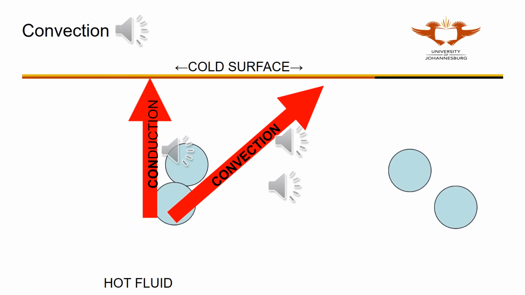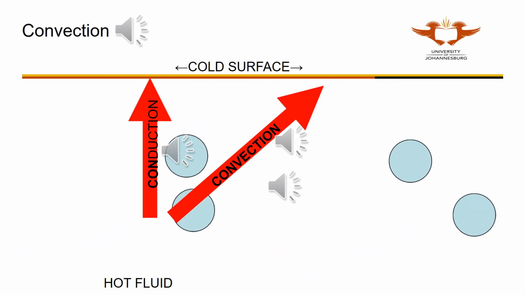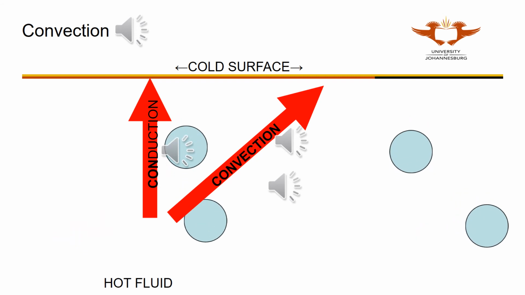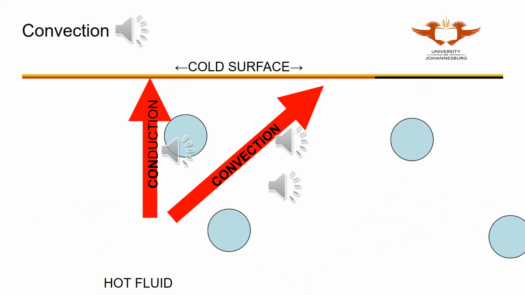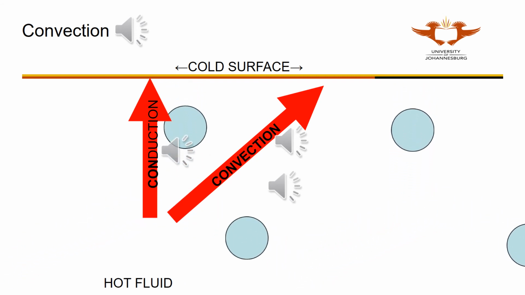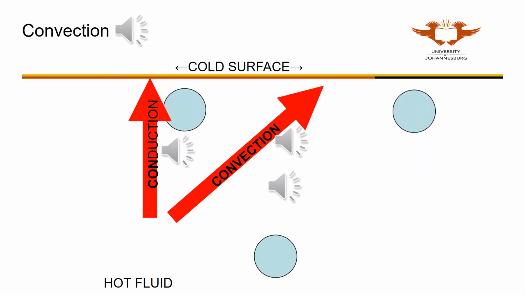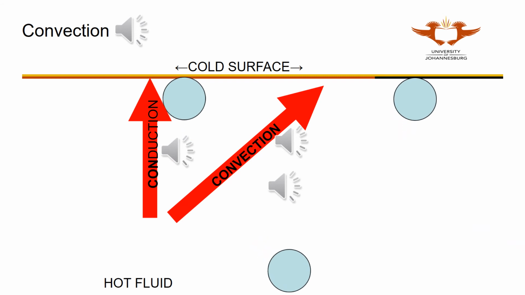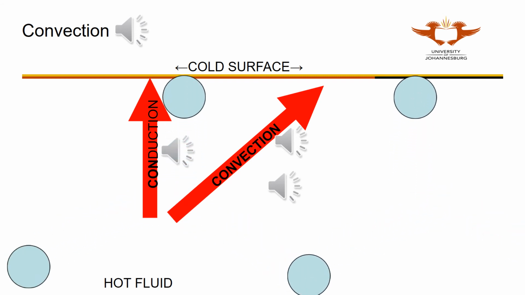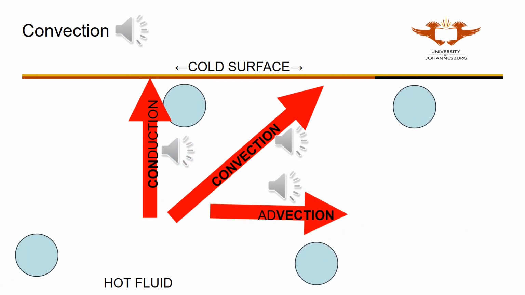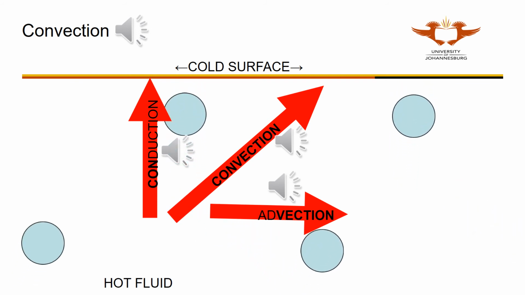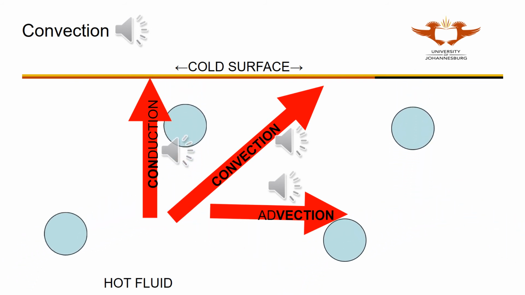For the first layer of molecules, next to the cold surface at the top, you have mainly conduction, as in the previous slide. Further down, the fluid moves from the left to the right.